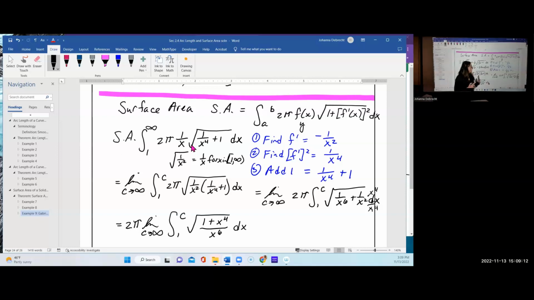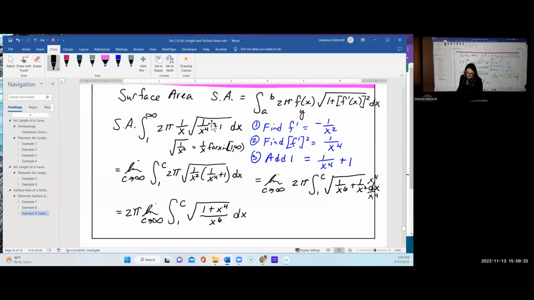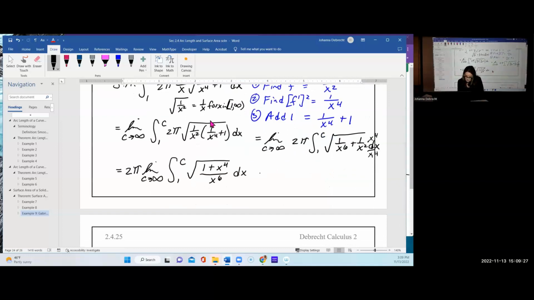And of course, if you reduce that, you get right back to where you started, so you know you've done it correctly. But now that I have this division, I'm able to split the radical, 1 for the numerator, 1 for the denominator. So when I split the radical, this is going to give me 2 pi times the limit. c is still going to infinity. Integral from 1 to c. I get the square root of 1 plus x to the 4th over the square root of x to the 6th dx.